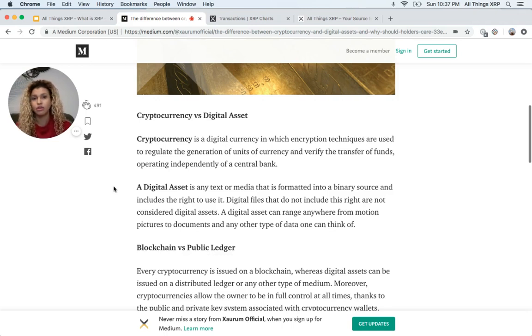So, in order to be a digital asset, it has to have those rights and permissions attached to it. And if it doesn't, then it doesn't fall into the realm of a digital asset. As they say here, a digital asset can range anywhere from a motion picture to a document or any other type of data one can think of.